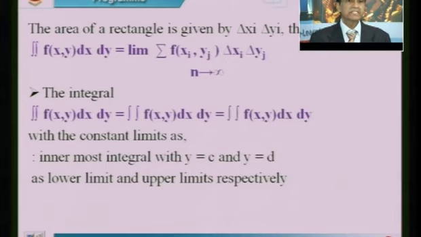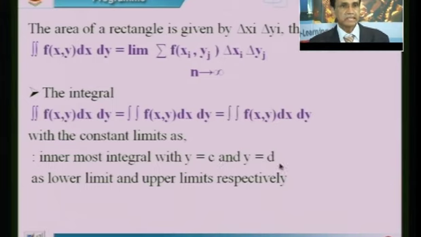One type of limits in the case of double integral is the double integral with constant limits, and another case is variable limits. Now, the case is constant limits. For example, double integral f of x y dx dy: first I consider this one with limits. This is without limits, and this is with limits. So let me propose the constant limits for the innermost integral, that is y equal to c and y equal to d.